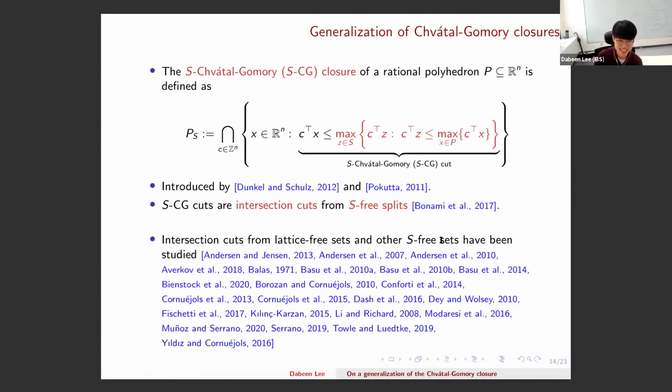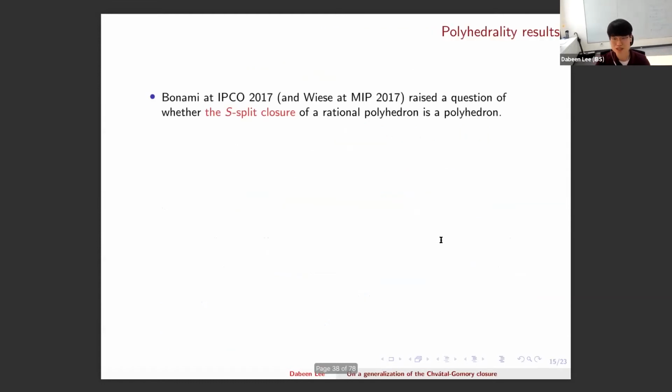For the rest of my talk, I'll try to motivate the result and explain the details. Bonami and Wiese 3 years ago raised a question about whether the S-split closure is a polyhedron. Our setting is slightly different.